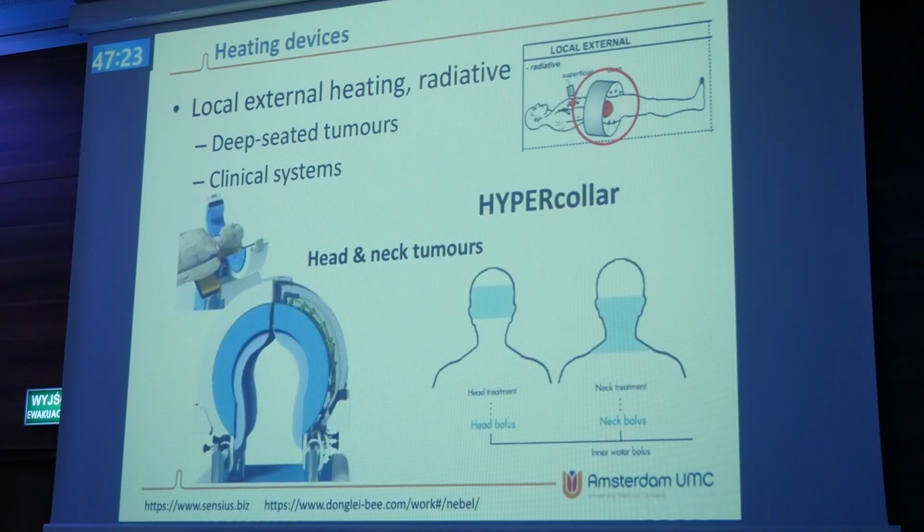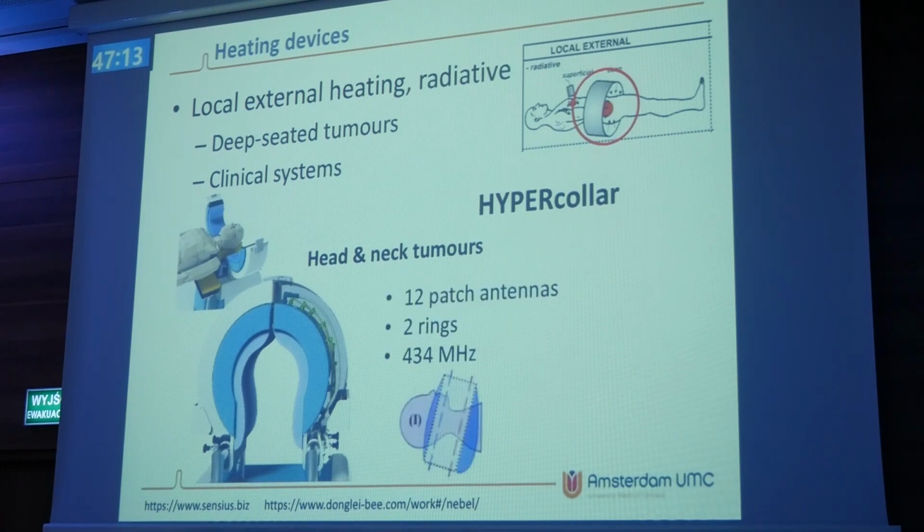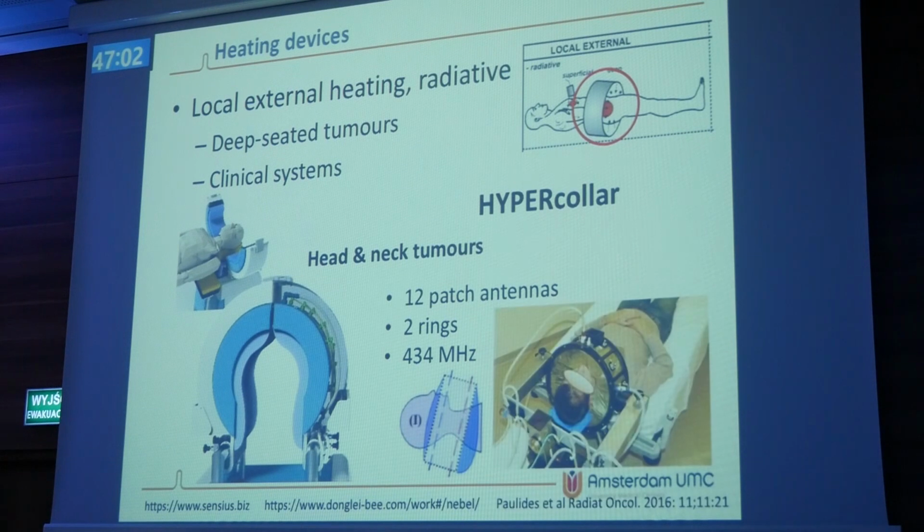Another system currently in use at Erasmus MC in Rotterdam is a dedicated system for head and neck tumors, which I have to verify whether this is the present configuration, but it is using patch antennas at 434 megahertz.